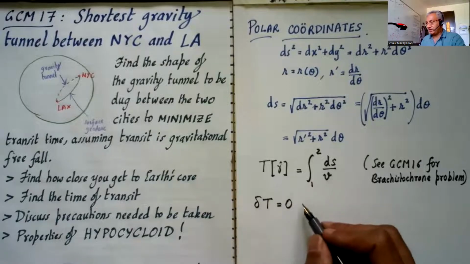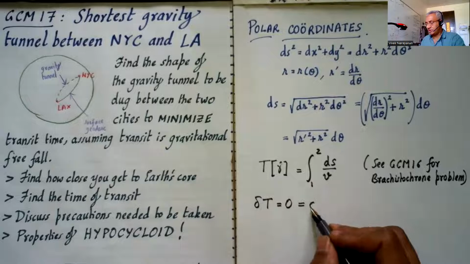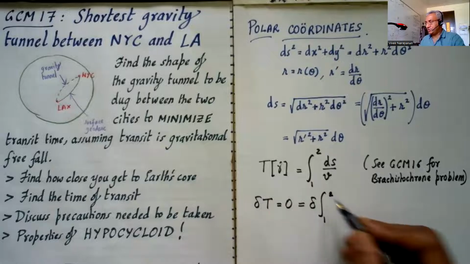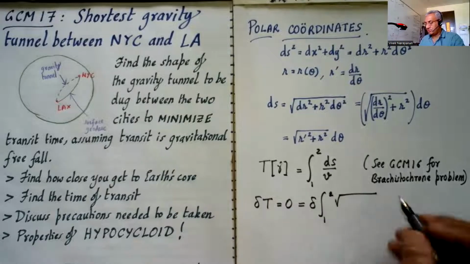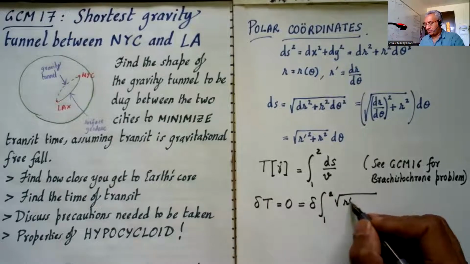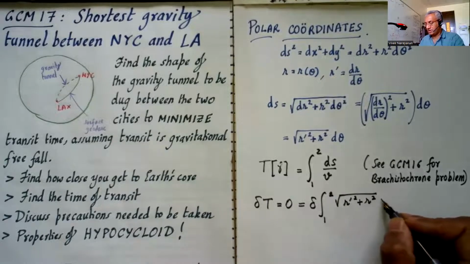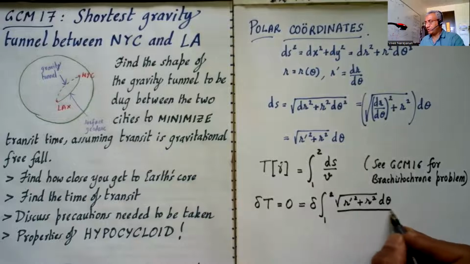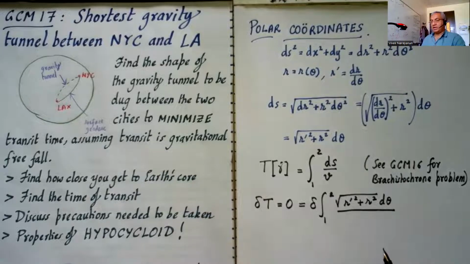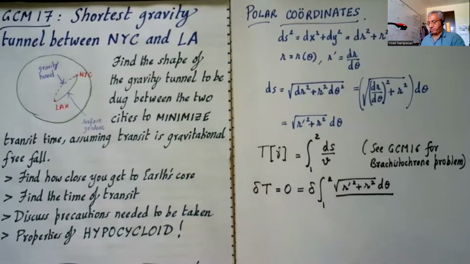That's going to be the variation of the integral from 1 to 2 of the square root of r prime squared plus r squared d theta, that's your ds, over the velocity. Now, velocity can be found by energy conservation. I'll do that off to the side.